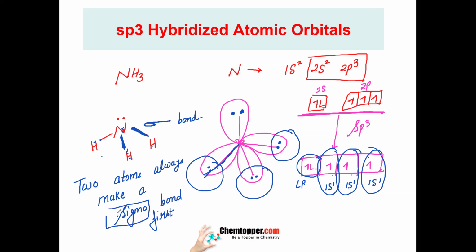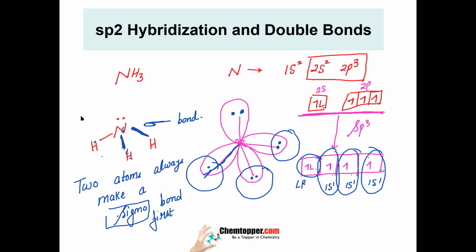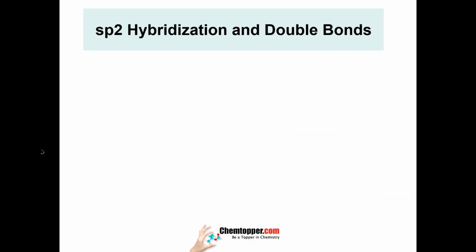Now I'm going to teach you about the second type of hybridization. We call it sp2 hybridization. Ready for it? Let's take this example. C2H4. Carbon is bonded to carbon. So let's make the Lewis dot structure.